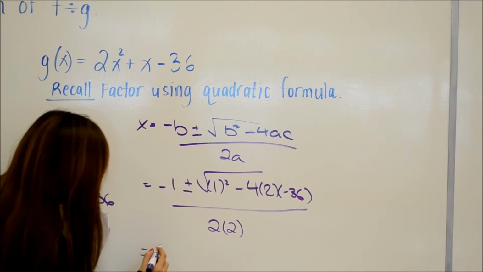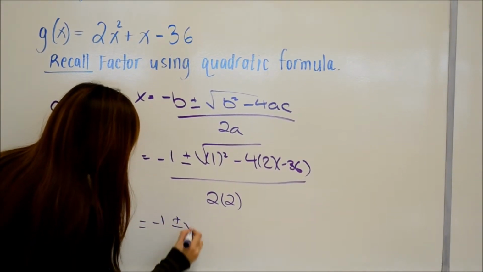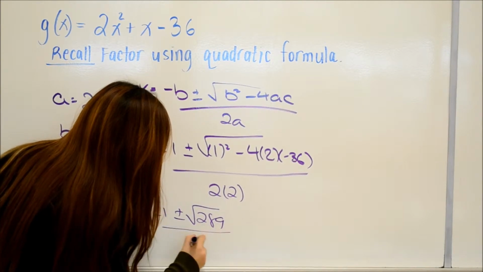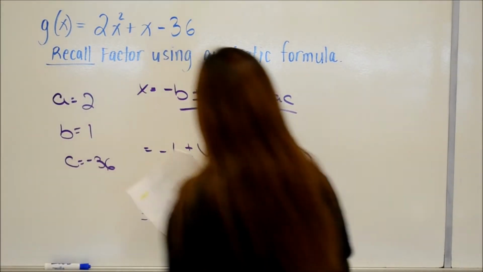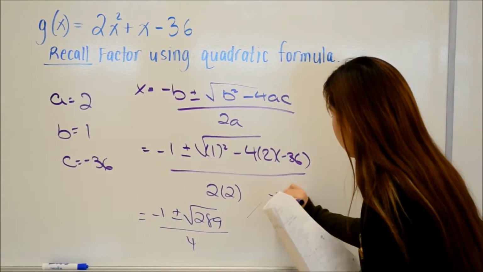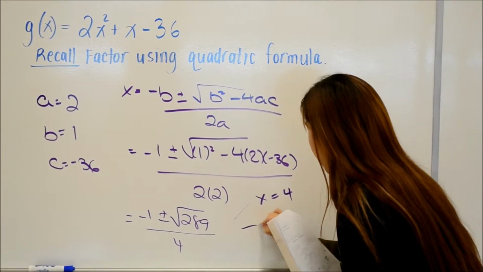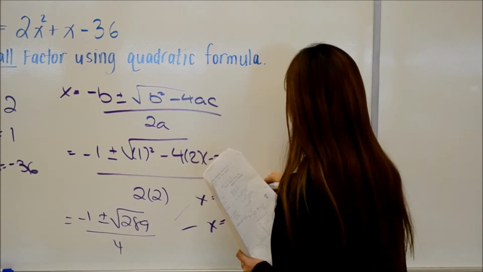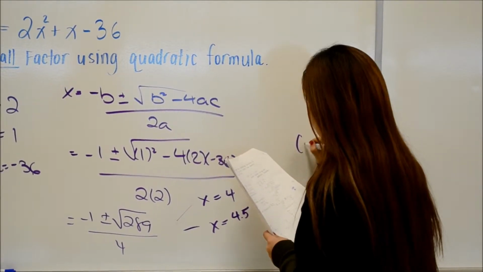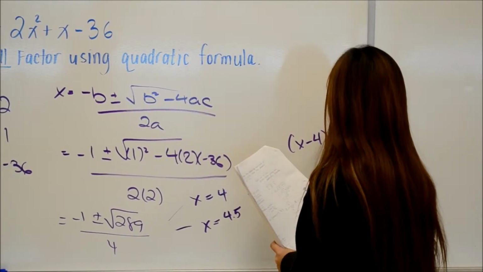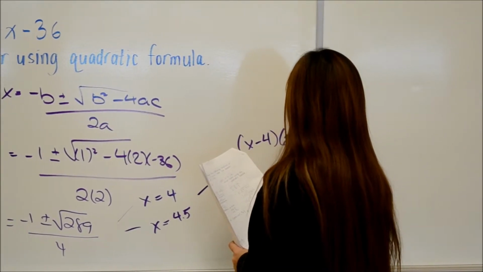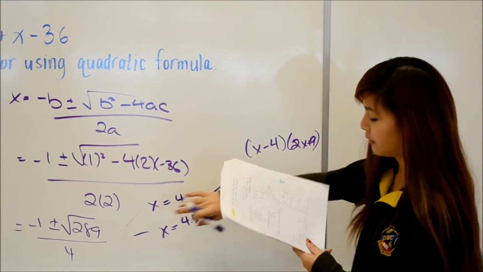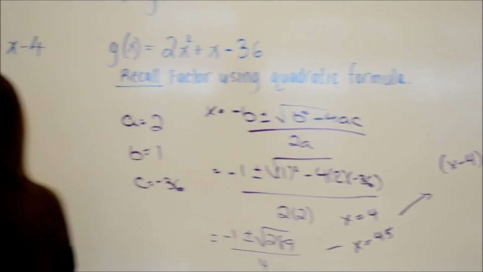This will equal negative 1 plus or minus square root of 289 all over 4. This will give us two values: x equals 4 and x equals negative 4.5. If we were to put this into an equation, this would equal x minus 4 and 2x plus 9. Now that we have this, we'll plug it back into our f of x divided over g of x.